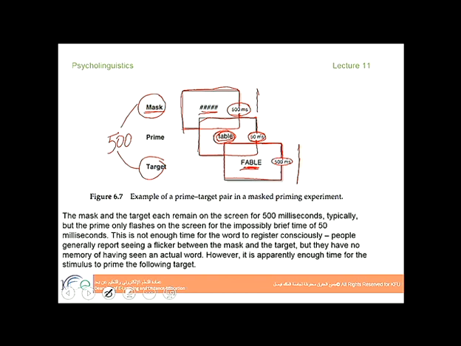All right, but the prime here, 50 milliseconds. So this is not enough time for the word to register consciously. People generally report seeing a flicker only between the mask, between this and this, but they don't say we saw this word table. No.